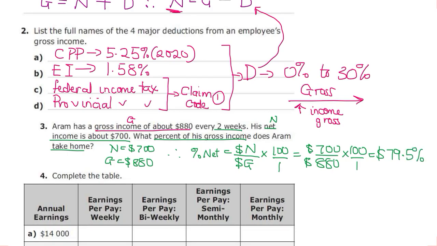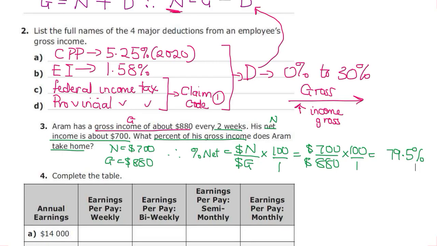So 79.5% of your gross income is actually take-home pay, which means that if you work for 2 weeks and earn $880 for those 2 weeks, only 79.5% of that money goes into your account, which in this case, according to our question, is $700.